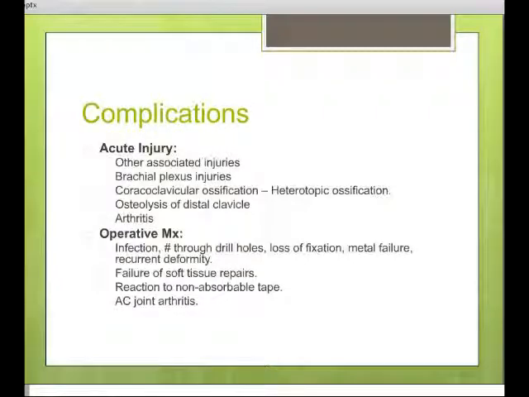With operative management, the usual, I guess, complications such as infection, fracture through drill holes, loss of fixation, metal failure, and the recurrent deformity, failure of soft tissue repairs, reaction to non-absorbable tape, and AC joint arthritis as well.